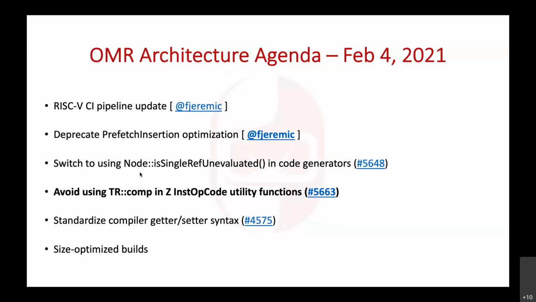So this work proposes getting rid of trcomp usage in all those utility functions and simply passing in the compilation object. So you have to go around to all the code and change that. Any thoughts on that?